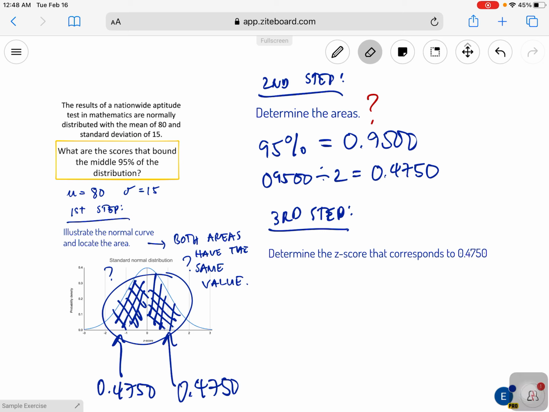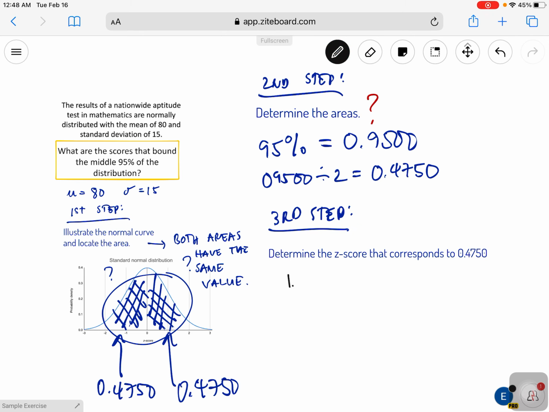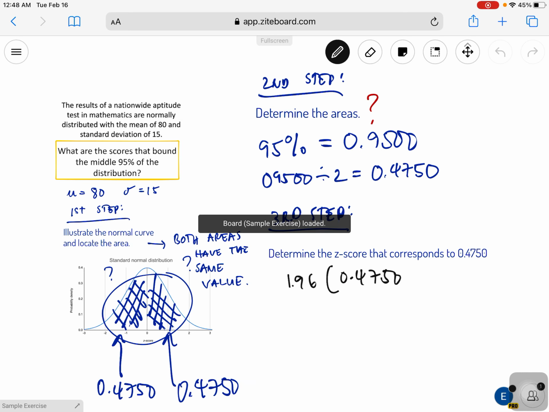Determine the z-score that corresponds to 0.4750. In the z table, it's 1.96. Okay, it's 1.96, which corresponds to 0.4750. Can you just check your z table? Now, since both areas are found below and above the mean, the value of the other z-score is going to be negative 1.96.